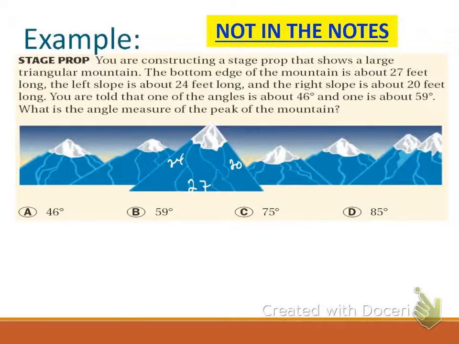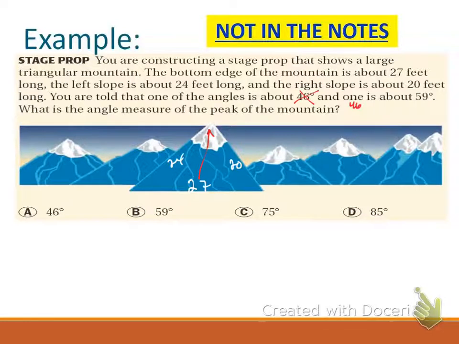Well, it's not going to be 46 degrees, right? Because the peak of the mountain is going to be your biggest angle measure since it's across from the longest side. So 46 is out. It could be 59 degrees or it might not. The problem is we don't know that third angle, but we know the angles have to add up to 180.